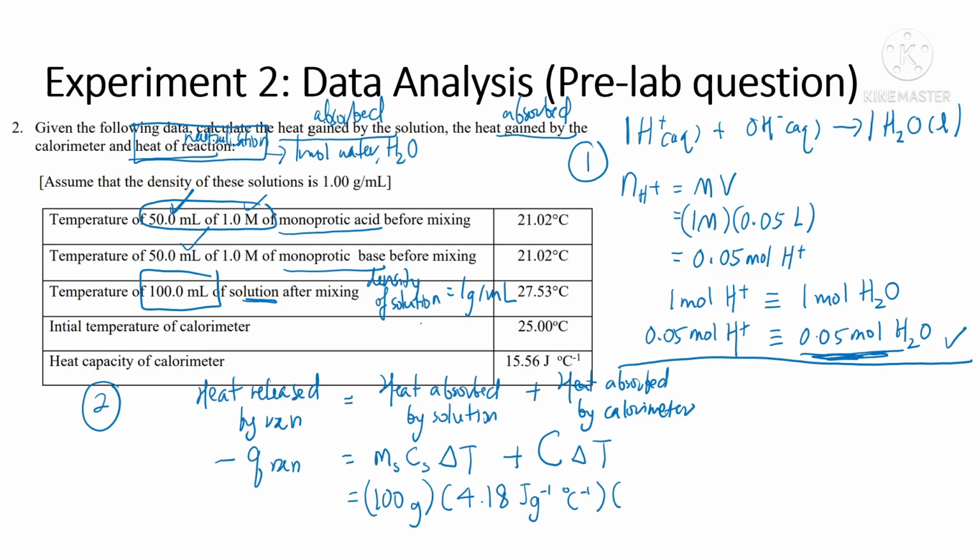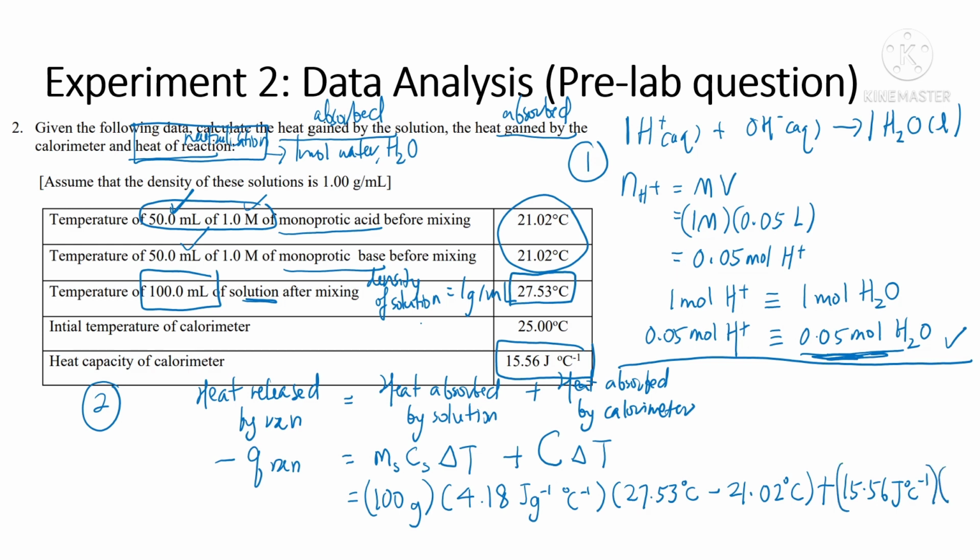And for change in temperature, we use the final temperature 27.53 degrees Celsius minus the initial temperature of the solution 21.02 degrees Celsius, plus heat capacity of calorimeter 15.56 joule per degree Celsius multiplied by change in temperature.